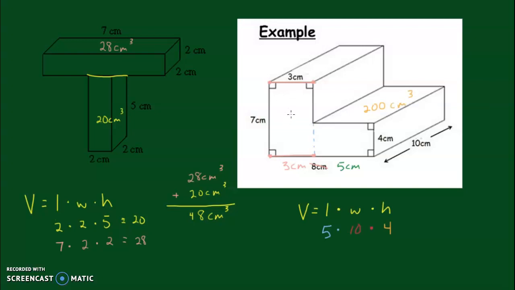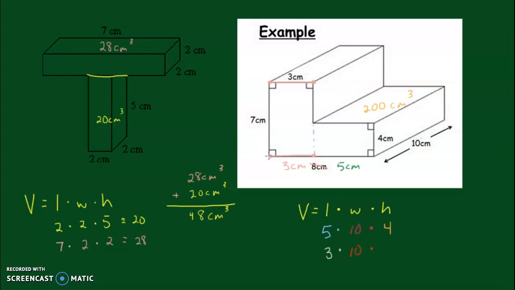Now we have to go look at this section. So for this section, the length from left to right is 3 centimeters times our width, and our width is going to be the same as the previous one. We can't see it with this section, but we know it goes from here to here, so that's also 10 centimeters.